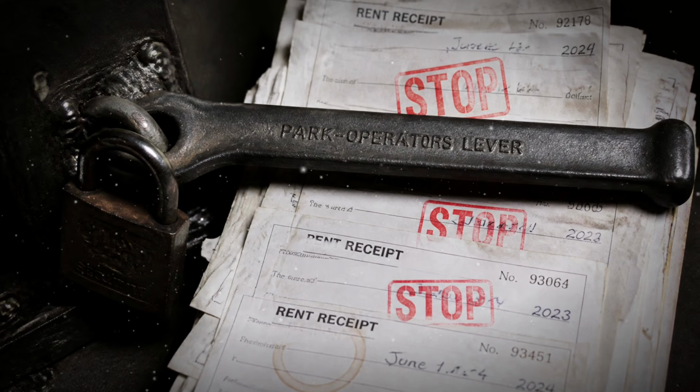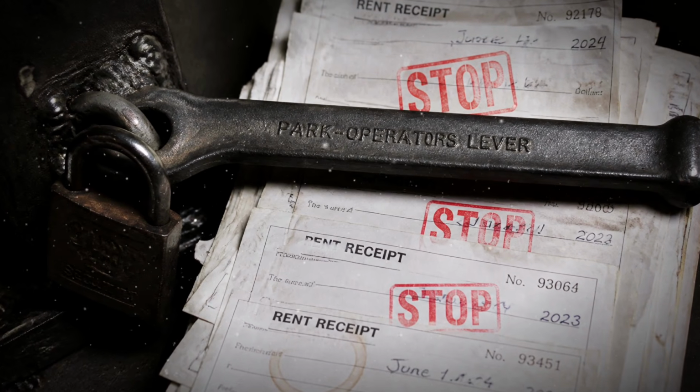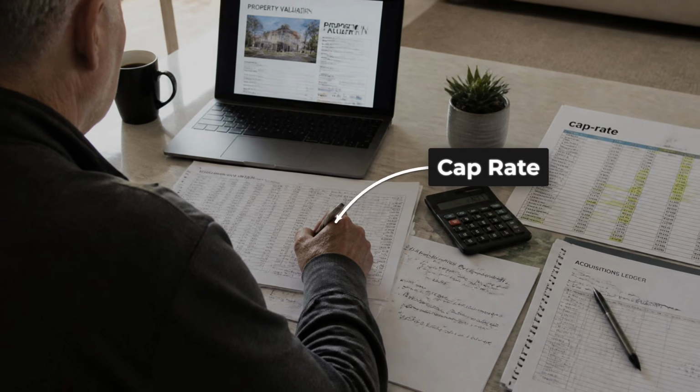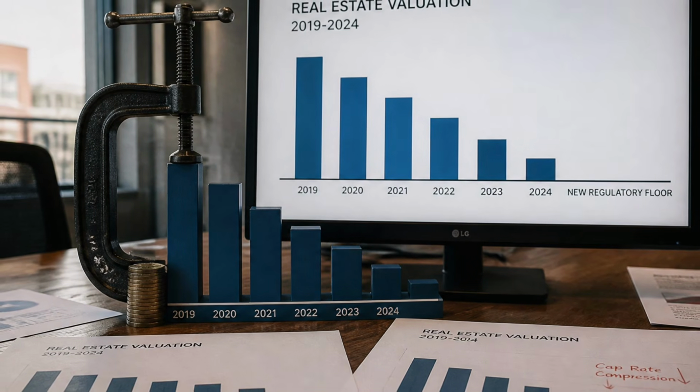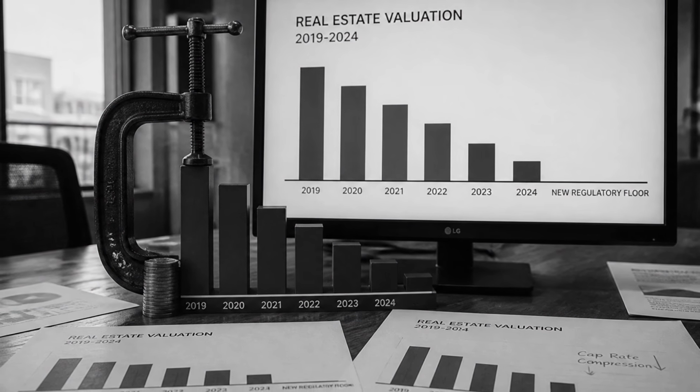A retiring buyer who acquires a park in a jurisdiction that subsequently passes lot rent stabilization in year 3 of the hold has lost the rent-raising lever that the institutional pricing assumes. The asset's cap rate, as it sits on the buyer's balance sheet, compresses meaningfully toward the regulated baseline.